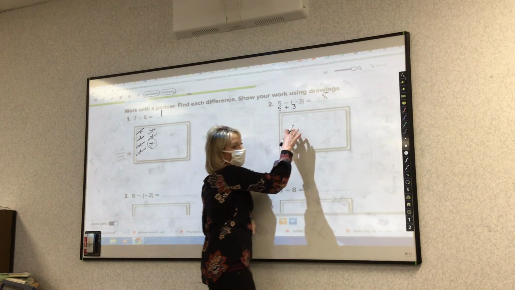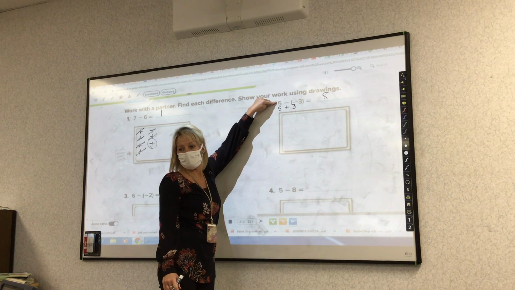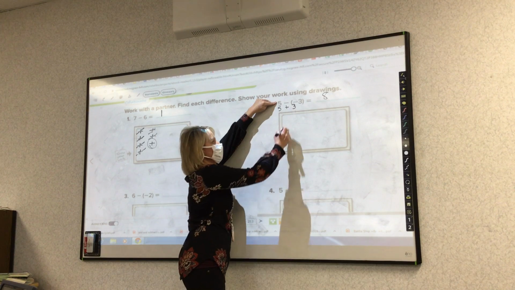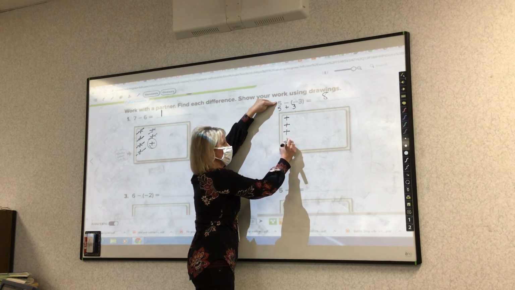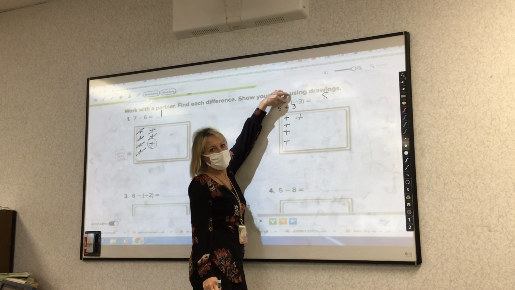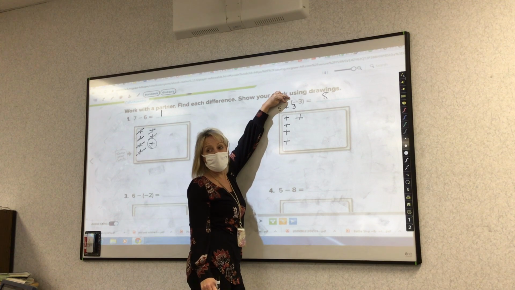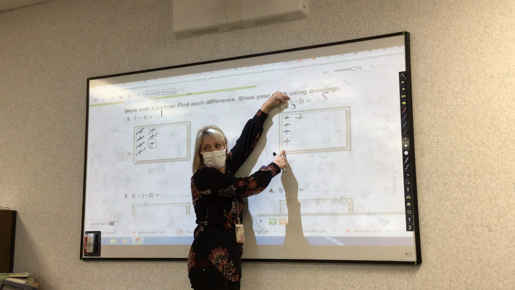But now let's show it with the counters. Start with the original problem. I should start with 5 positives. So I'm going to do 1, 2, 3, 4, 5. I have to take away 3 negatives, but I don't have any negatives in my box. So I have to add my 0 pairs.